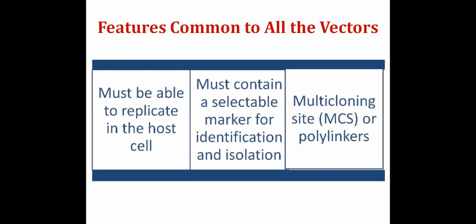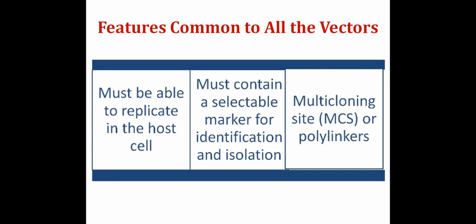Now, what are the common features present in all the vectors? When I was discussing the vector in the very first slide, I said that any small extrachromosomal DNA can be used as a vector. It may be a plasmid, a virus, or DNA segments from different animals joined together.